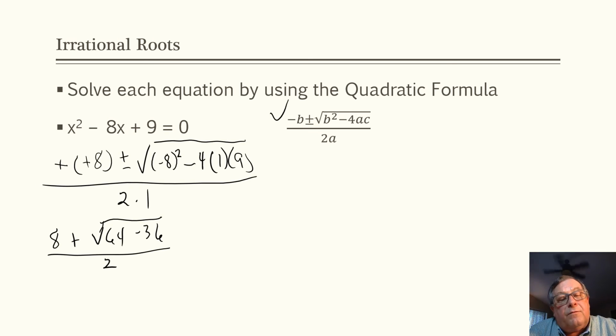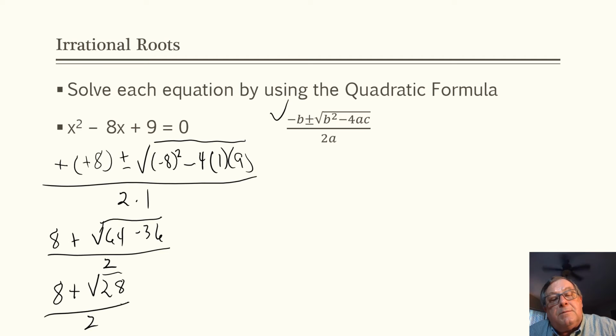Let's see, and then we've got 8 plus or minus, let's see what we got here, 64 minus 36, square root of 28, I believe. Yeah, 28 over 2.